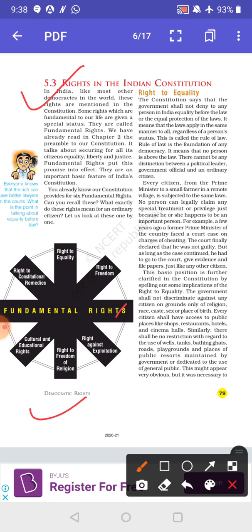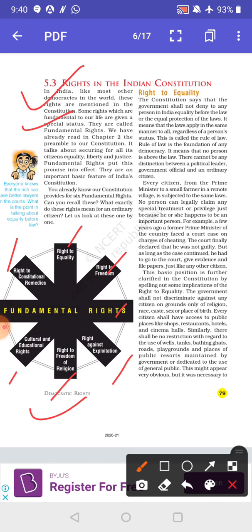In this figure you can see that there are six fundamental rights offered by the Indian constitution: right to constitutional remedies, right to equality, right to freedom, right against exploitation, right to freedom of religion, and cultural and educational rights. These rights are fundamental to our life, and they are given a special status. That is why they are known as fundamental rights.